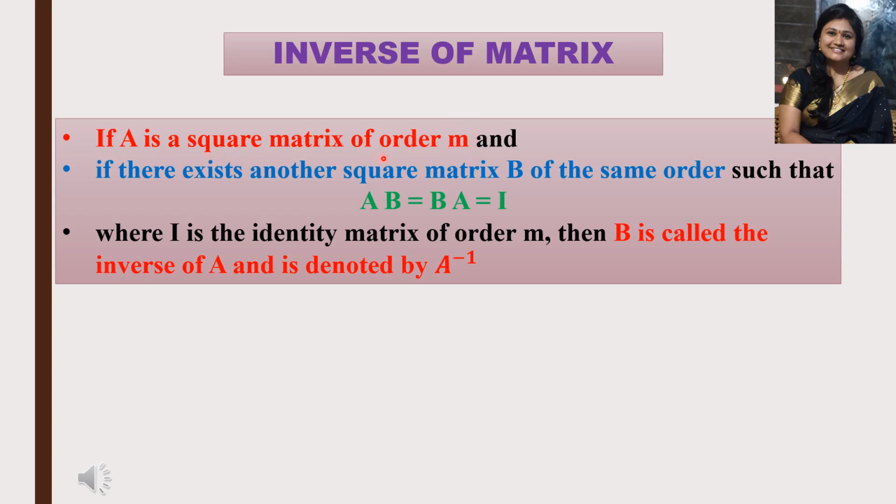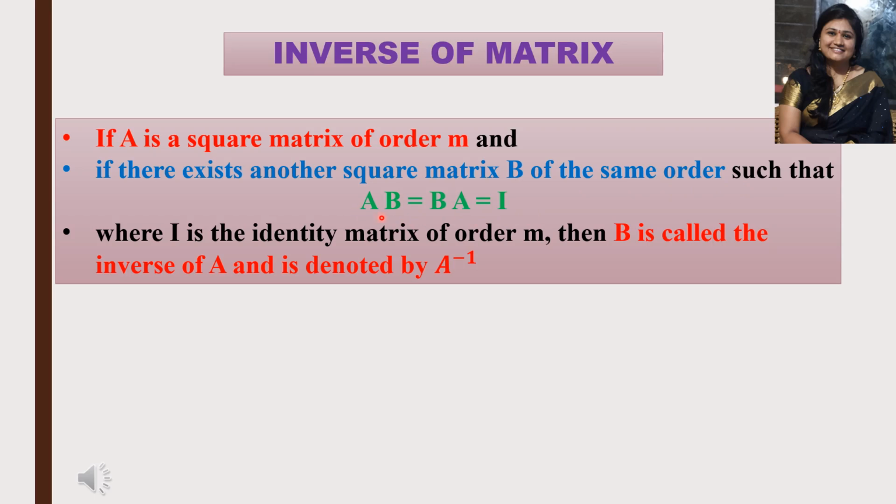A is a square matrix of order M, and there exists another square matrix B of the same order M. So we consider two matrices A and B which have the same order and are square matrices. These are the conditions for the inverse of a matrix, such that A into B is equal to B into A, which is equal to I.